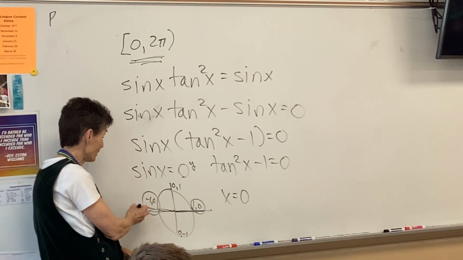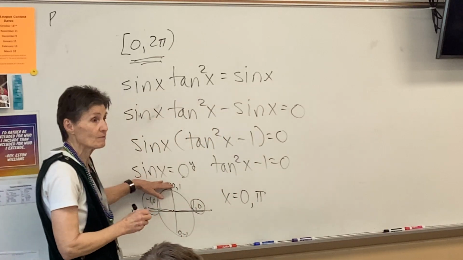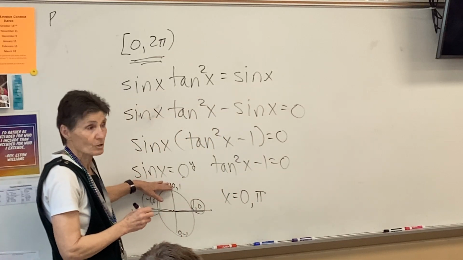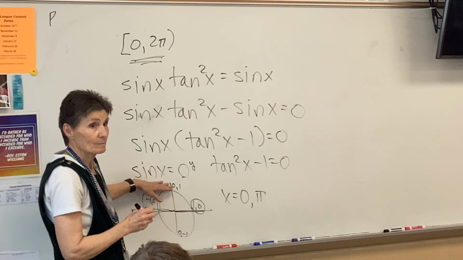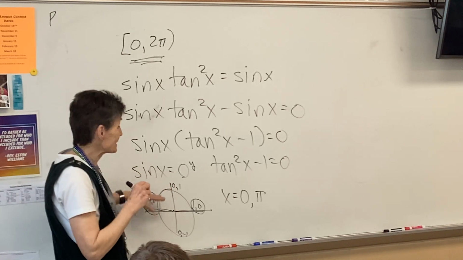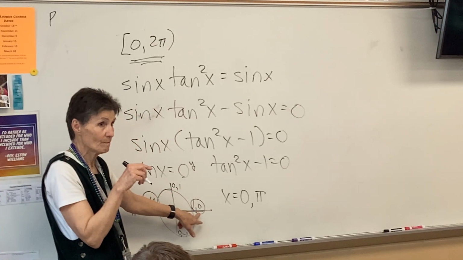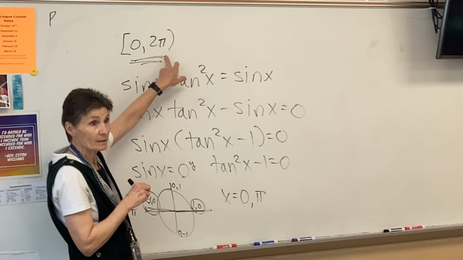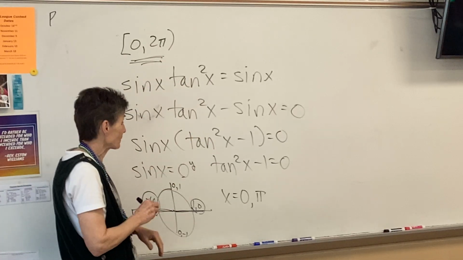This is pi here. So the answers to this part of the question are 0 and pi. Don't say 2 pi, because isn't 2 pi the same as 0? And it's not included. Parentheses, okay? So we should say 0 and pi.